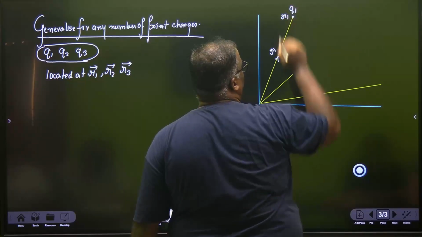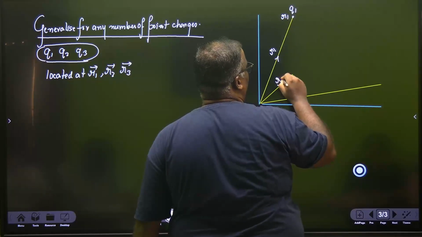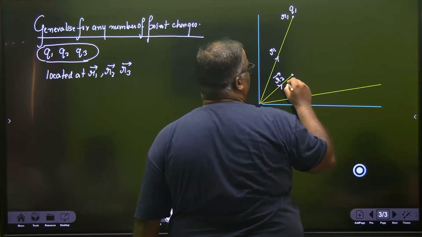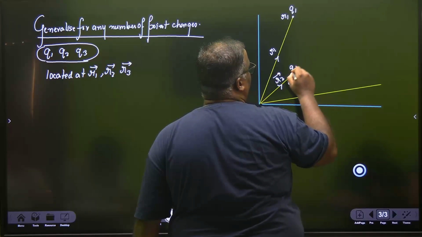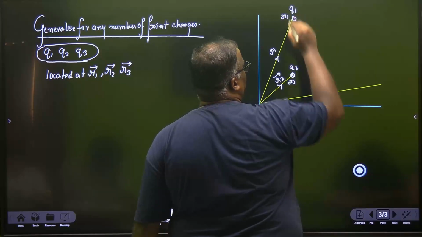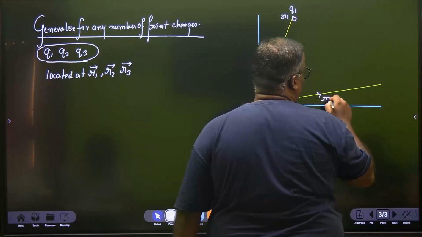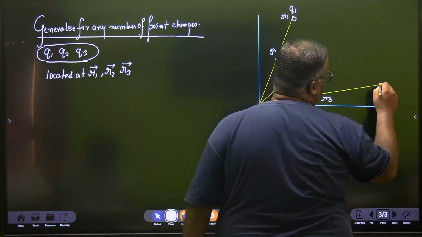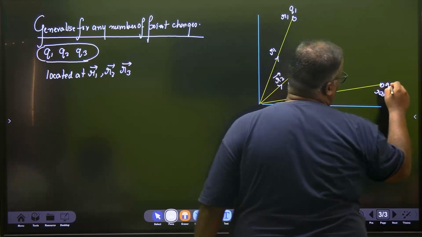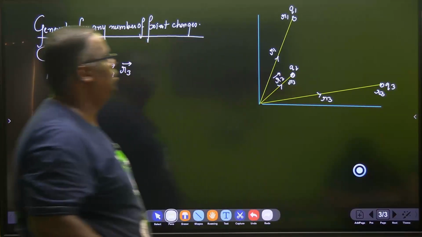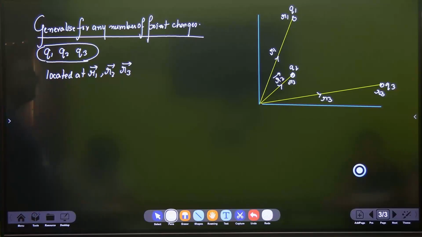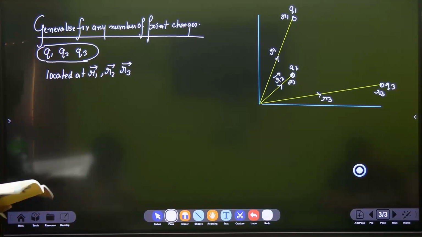We have Q1 here. This is R2 position vector. This is R2. We have Q2 out here. And this is position vector R3. Point is R3. And you have Q3 out. This is the system you're trying to conceptualize now.